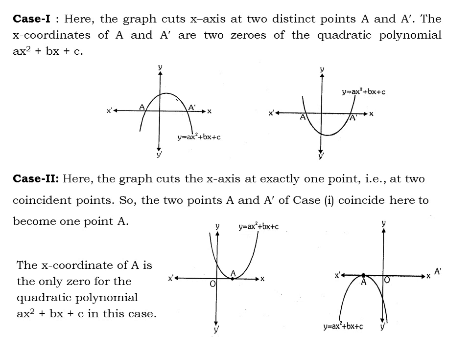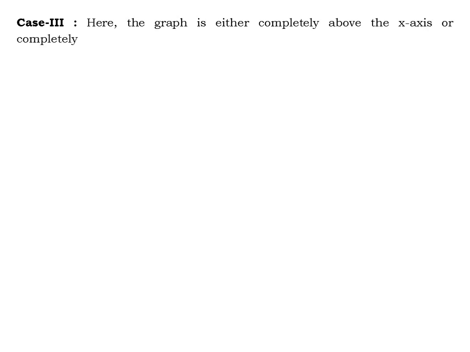zero. Talking about the third case, here the graph is either completely above the x-axis or completely below the x-axis. So it does not cut the x-axis at any point.